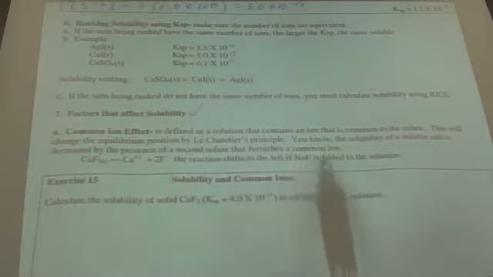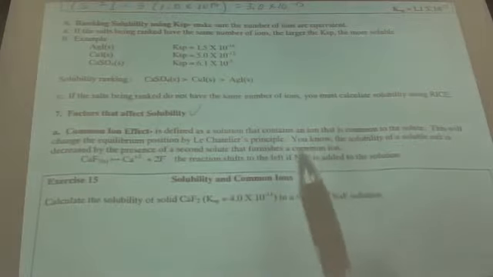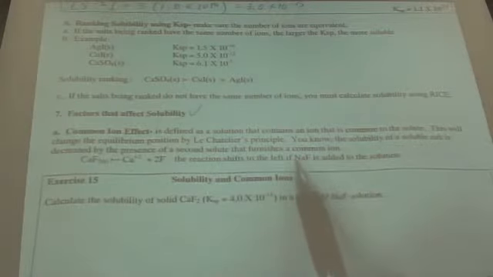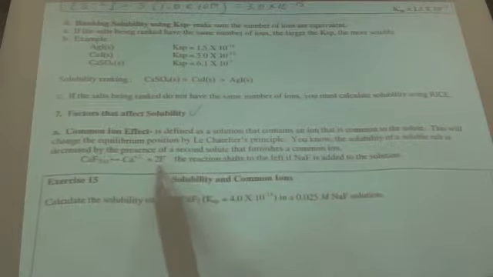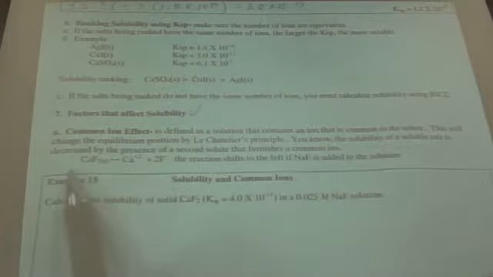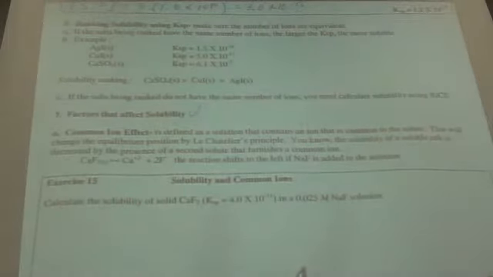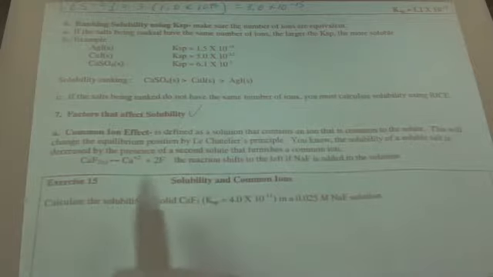If we add sodium fluoride, which gives us a sodium ion and a fluoride ion, this fluoride ion will push the equilibrium to the left, meaning more or less would dissolve? Less. Okay, how much less? Well, let's figure that out.